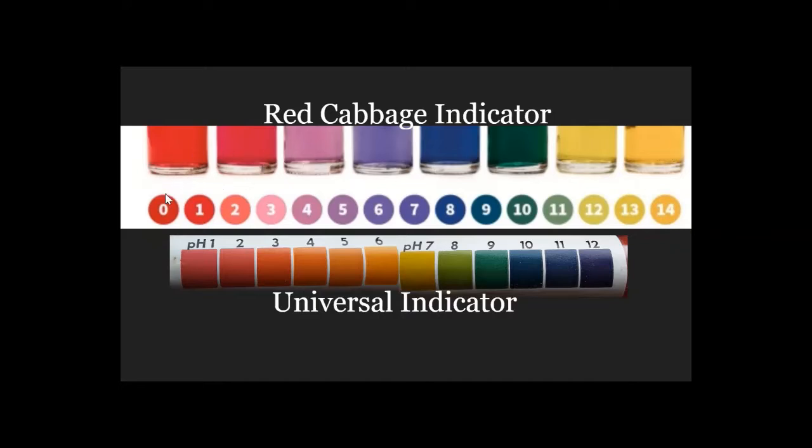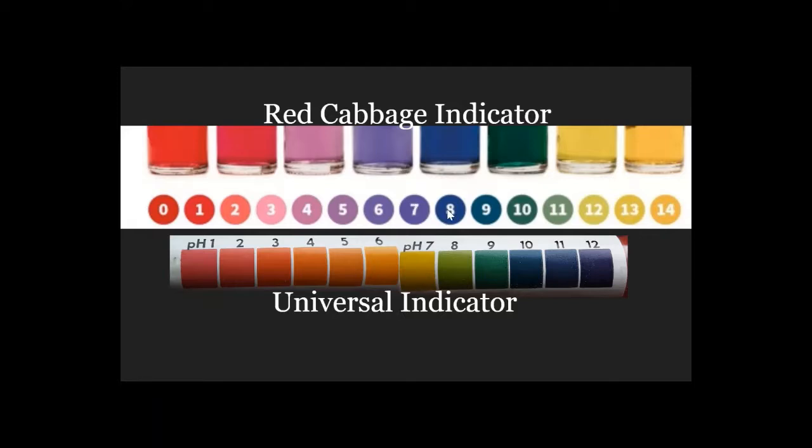So you notice dark red is a strong acid, similar to universal indicator, but then it goes to pink. Instead of getting more yellow, it turns more purple. So a nice straight purple is the same as neutral.